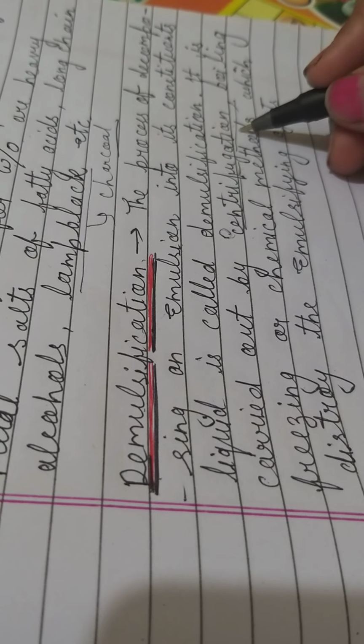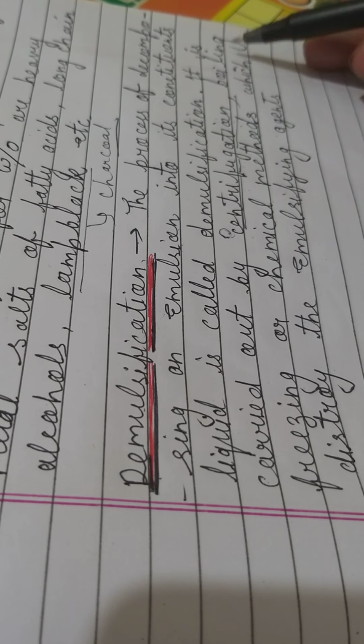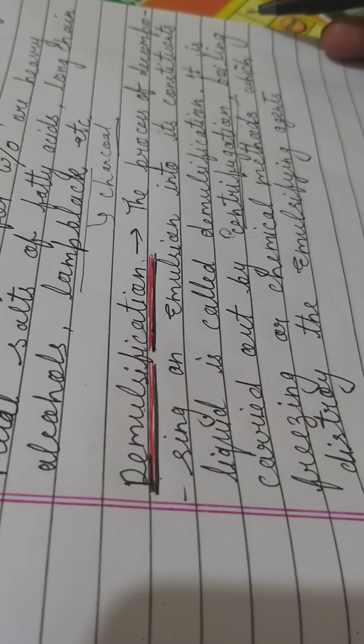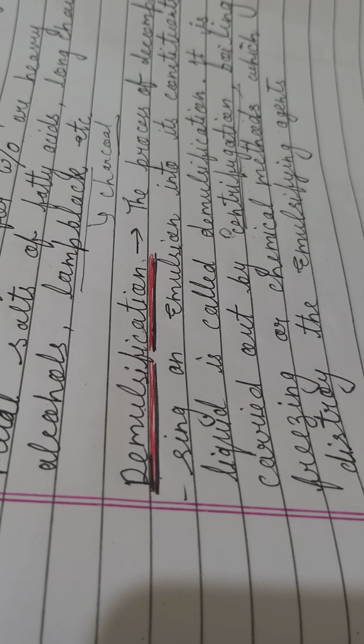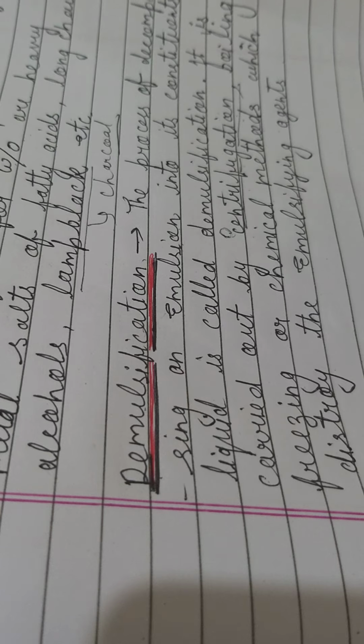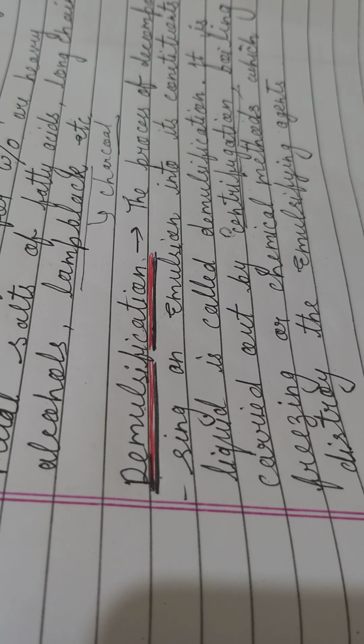Okay, so this is the process of centrifugation. Sometimes excess boiling also creates the separation of oil from water. Excessive freezing also does the same thing. Some chemicals we can also use to break the bonding between the dispersed phase and the dispersion medium.